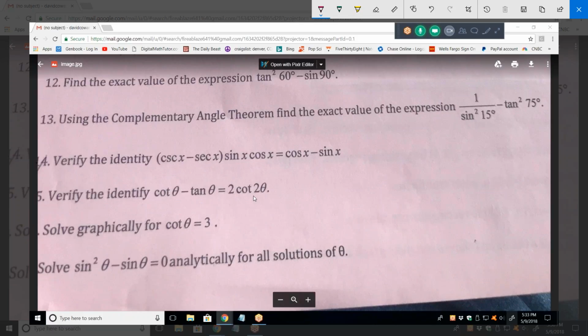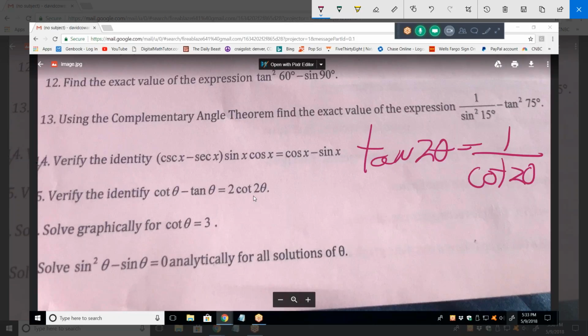So the reason you made the 2 cotangent 2 theta into 2 over tangent 2 theta is just because cotangent theta is 1 over tangent theta. So you just kept the 2. Yep. Okay, that makes sense. In other words, tangent of 2 theta is the same as 1 over cotangent of 2 theta.